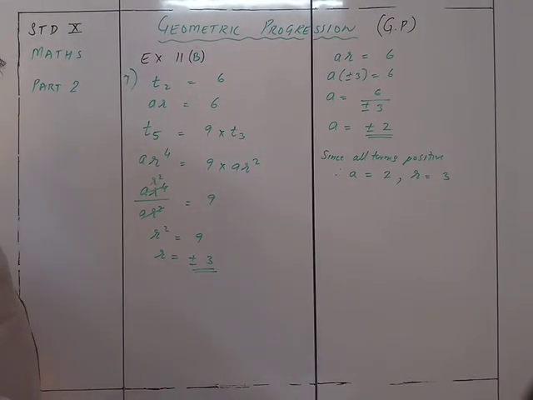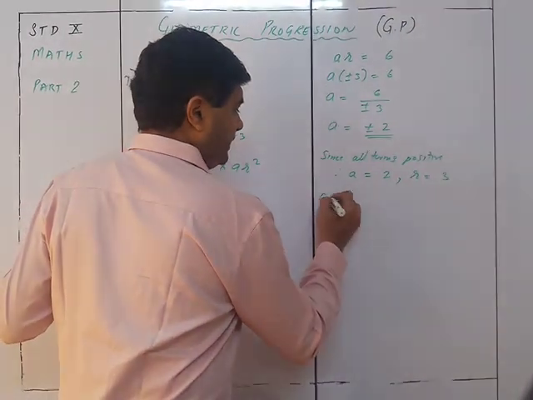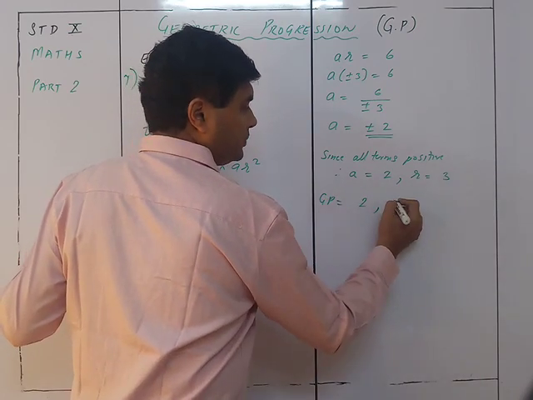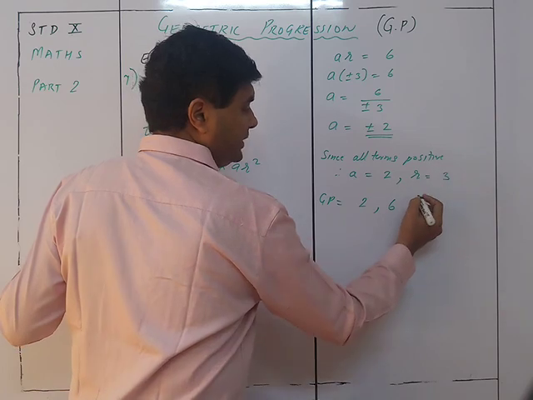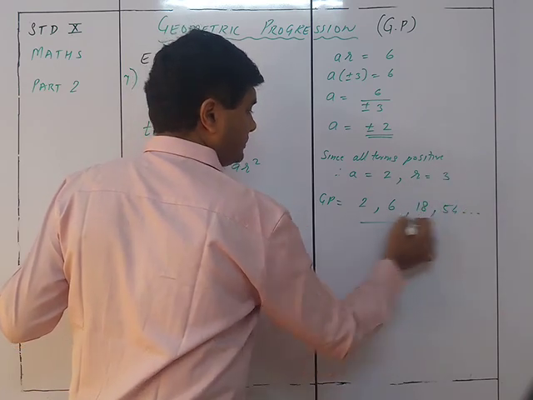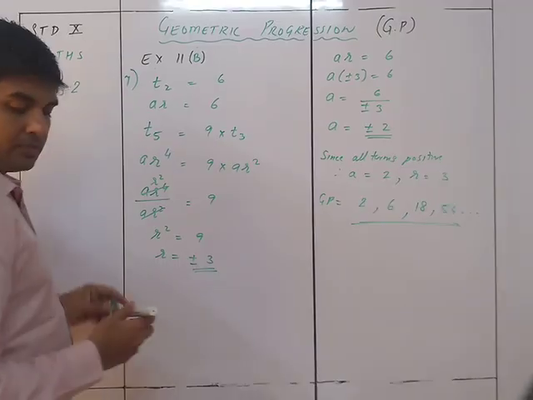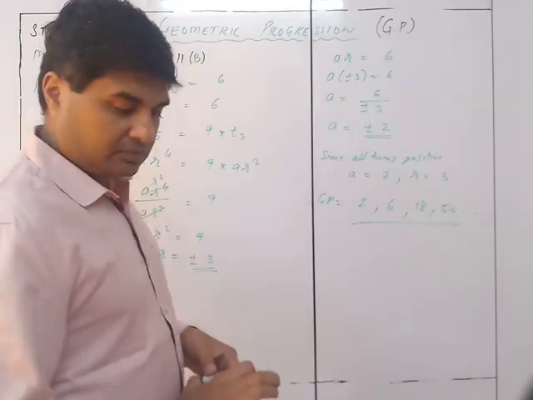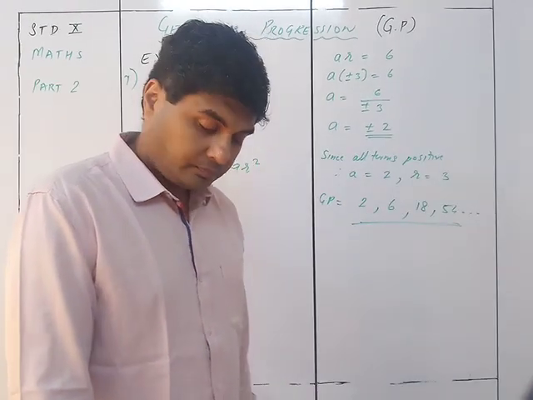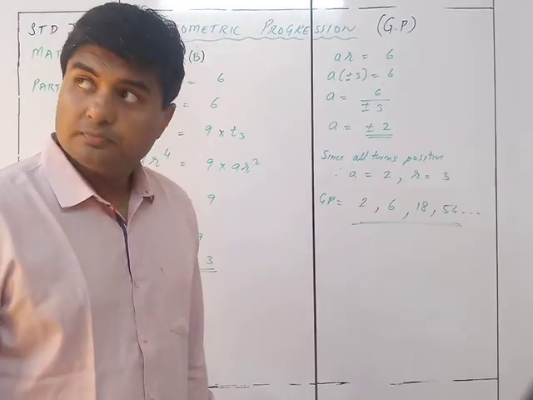We are not going to take minus 3 at all. Therefore the GP will be 2, 2 into 3 will be 6, 6 into 3 is 18 and 54, and so on. Got it? This was sum number 7. Clear?